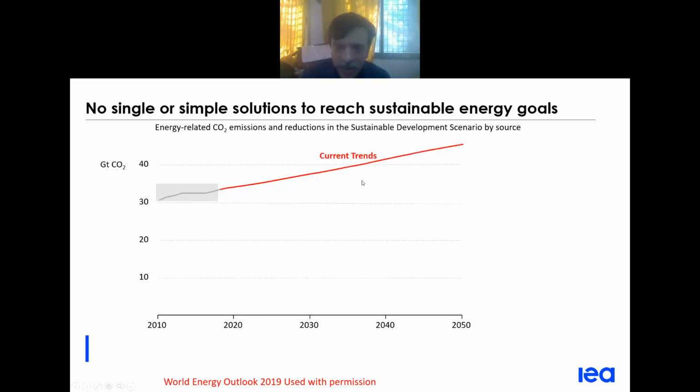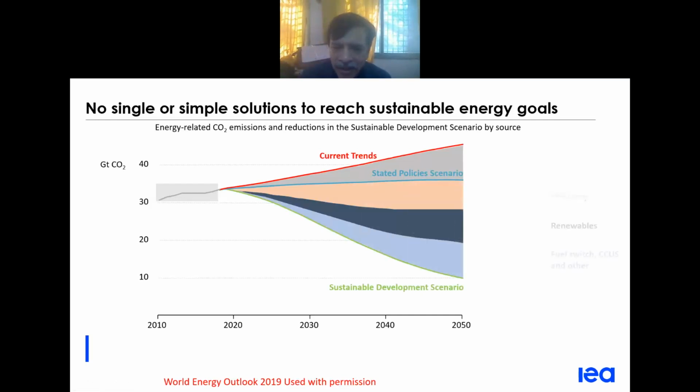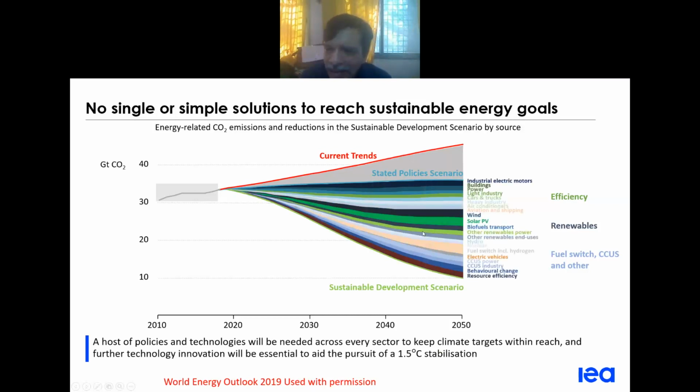And then they show that if you do all the policies that each of the countries is adopting, how much would be the reduction in the CO2 emissions. And then they identify, if you really want to go for deep decarbonization with the sustainable development scenario, there are a whole host of different methods. And this has a combination of energy efficiency and renewables.